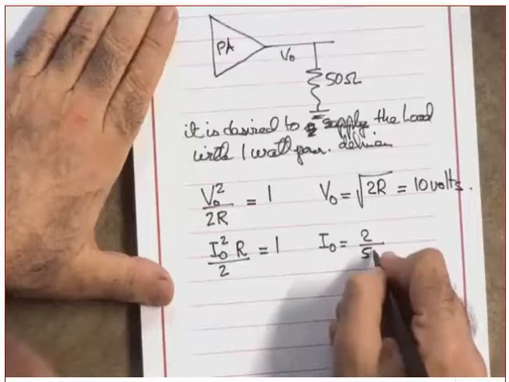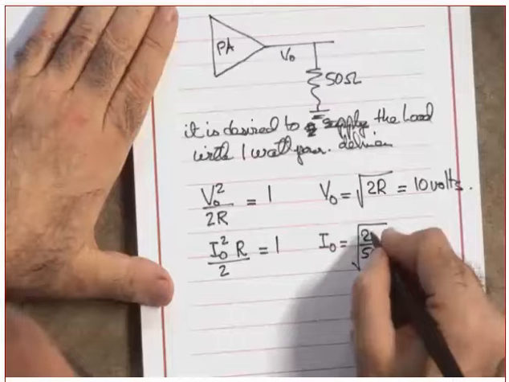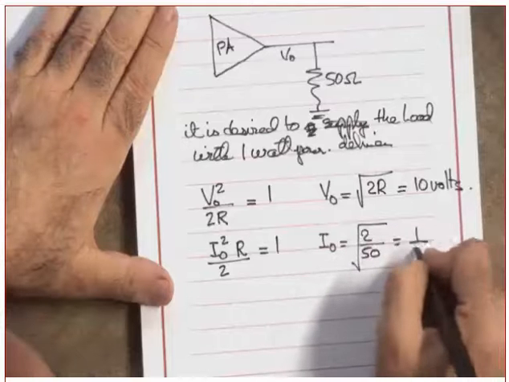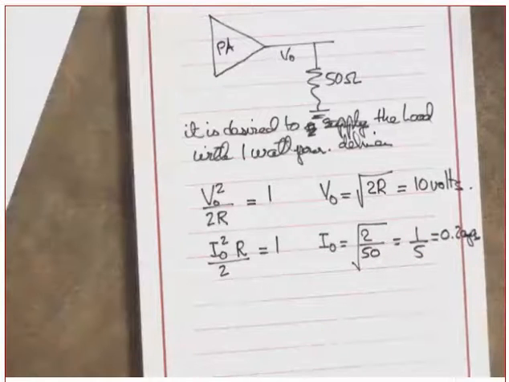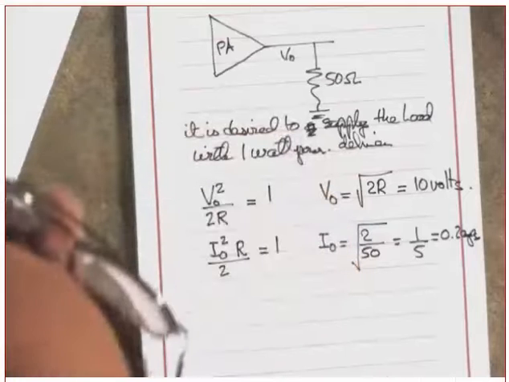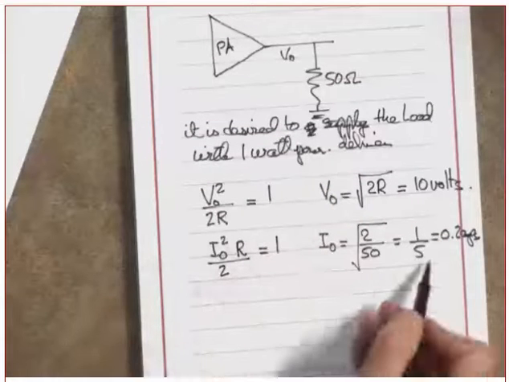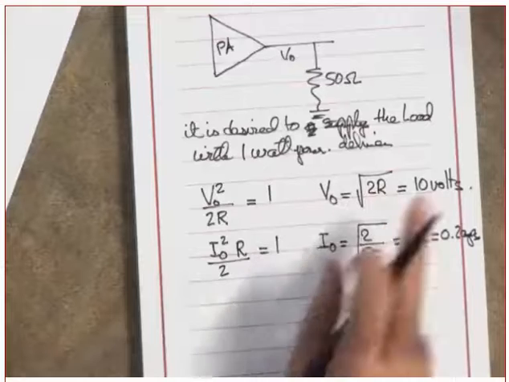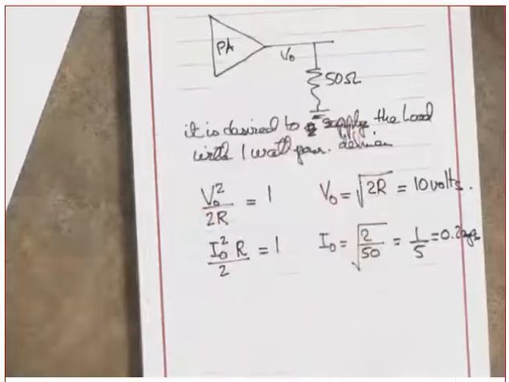It is 2 over 50, which is 1 over 25, so it's 1/5, which is 0.2 amps. Yeah, 0.2 amps. Agree? Okay. The current, let's not worry about it right now, but is the voltage ridiculous? What I want is to reduce the voltage.